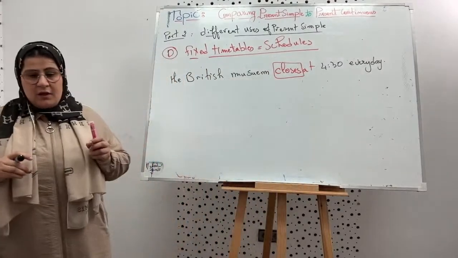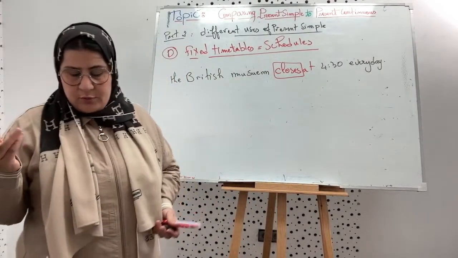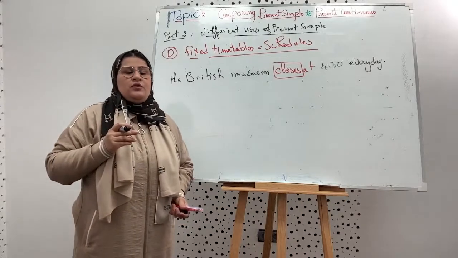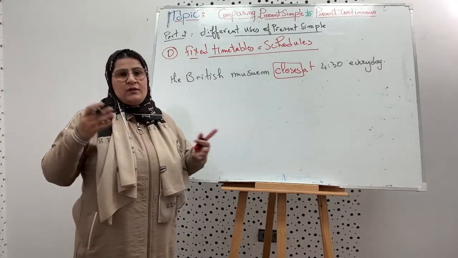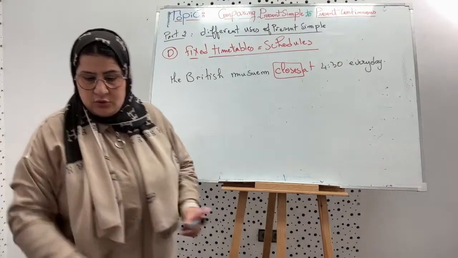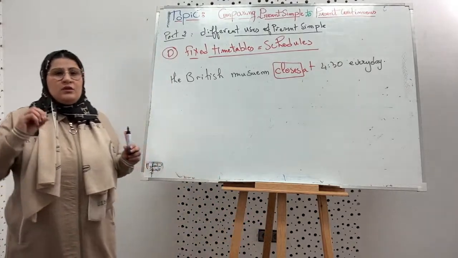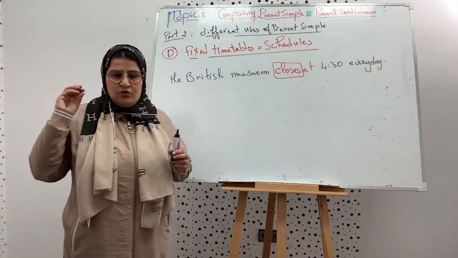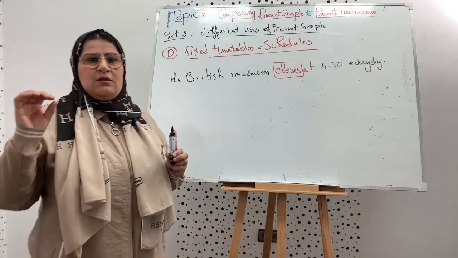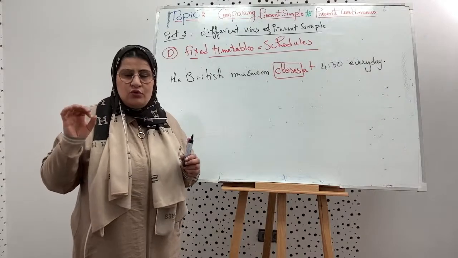You see, another example of fixed timetables: the bus to London runs every half an hour. Another use of the present simple tense is when we want to give instructions. Giving instructions or directions, we have to use the present simple tense.